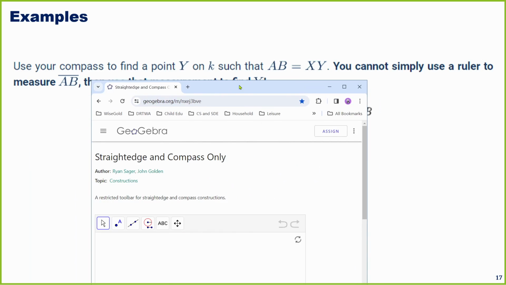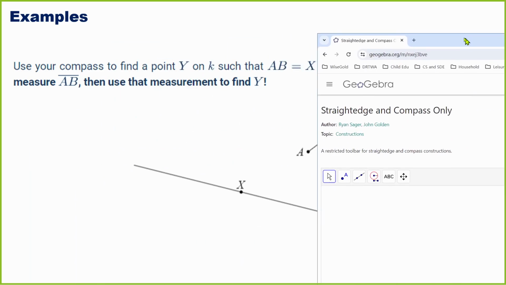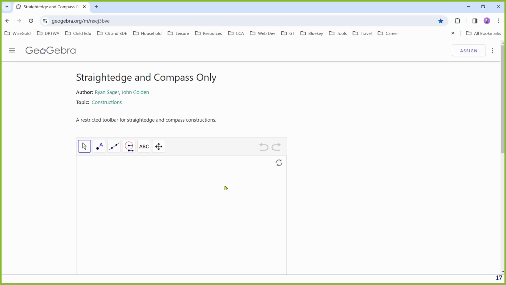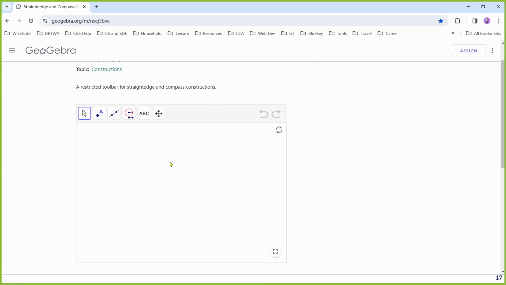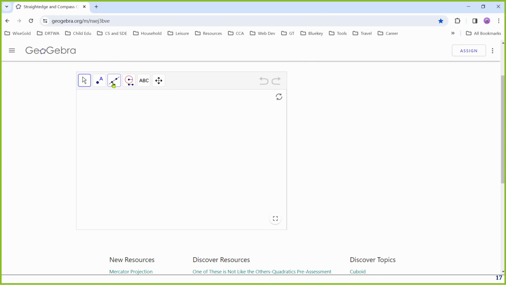Okay, have you finished? So although you cannot use your ruler to measure the length of AB, you can use a compass to mark the length of AB, right?